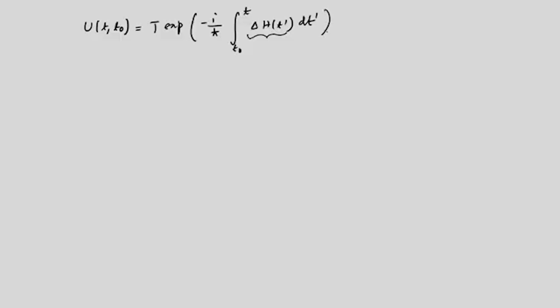You can treat both of them interchangeably, whatever you want to call them. It is the same as the interaction term in the language of many particle systems. So this is how the unitary operator evolves a state psi of t from an initial time t0 to a final time t, and that involves the interaction term, or the delta H that is here.